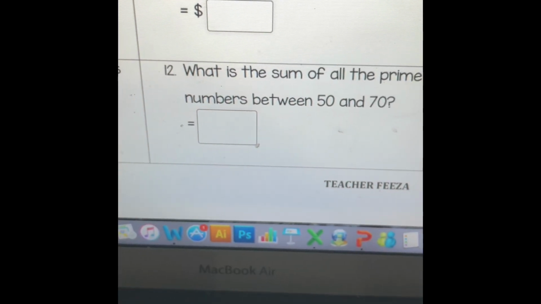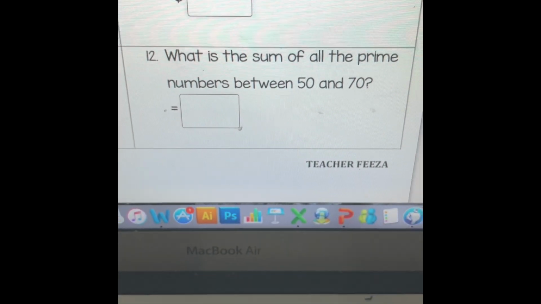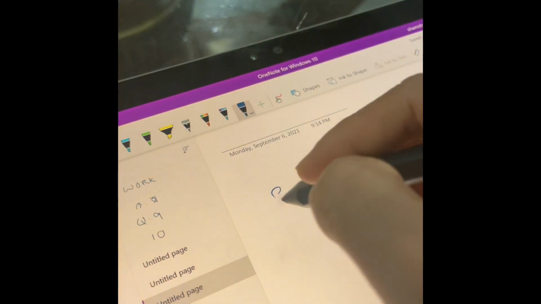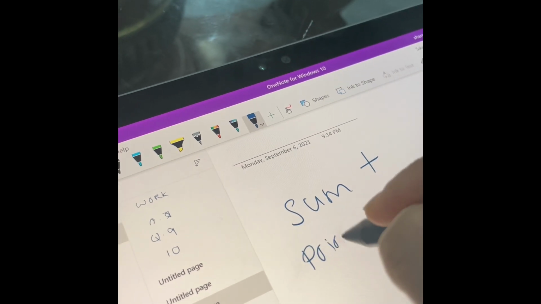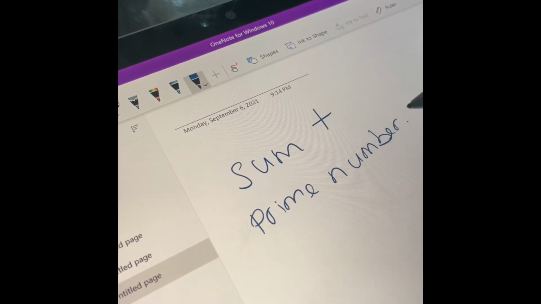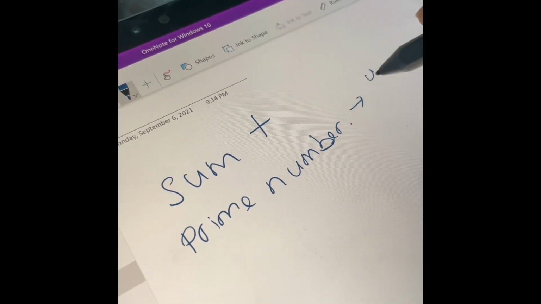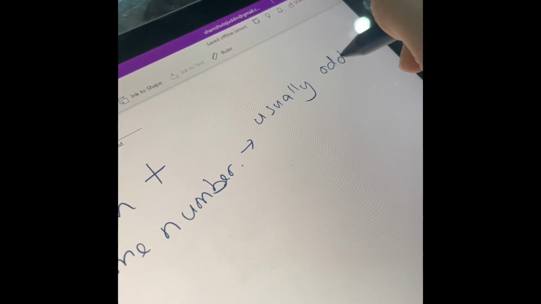Question number 12. What is the sum of all the prime numbers between 50 and 70? Okay, sum. What is sum? Sum means plus. Prime number, the clue is usually it's an odd number.